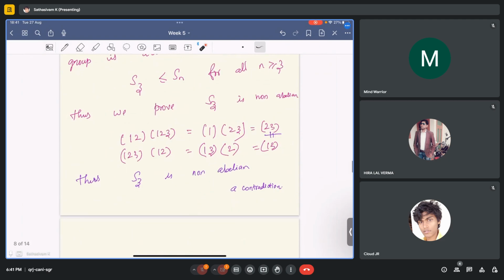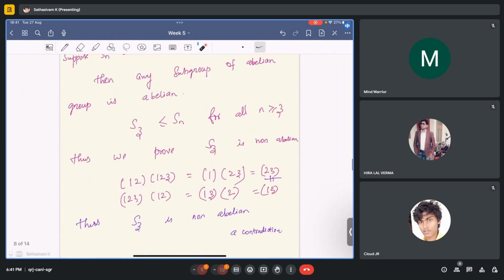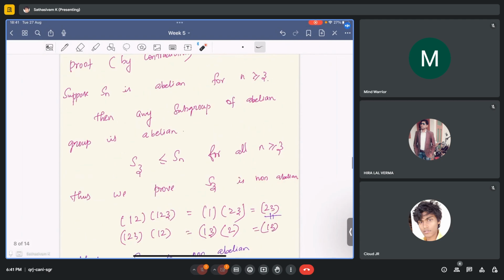But what we have proved is that S3 is non-abelian. So that is a contradiction to the statement that S3 is abelian. The contradiction occurs because you assumed that Sn is abelian. If you don't assume that, there is no contradiction. Since you assume Sn is abelian, S3 has to be abelian because it's a subgroup of an abelian group.